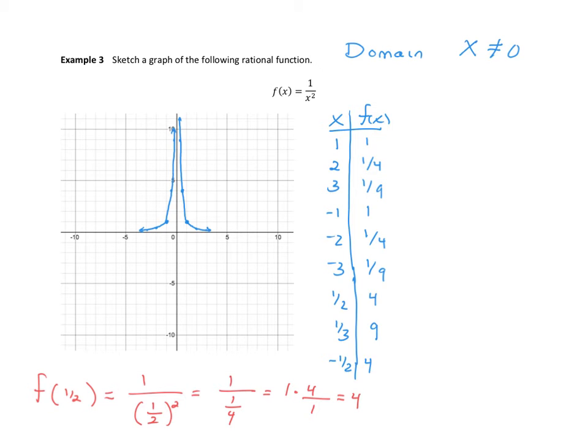The takeaway is, if you have an even exponent like a 2, a 4, or a 6, this side of the graph will have this shape, but it won't be negative over here. It'll be positive. Now, in terms of the asymptotes, this graph still has 2. There is a horizontal asymptote, as well as a vertical asymptote.